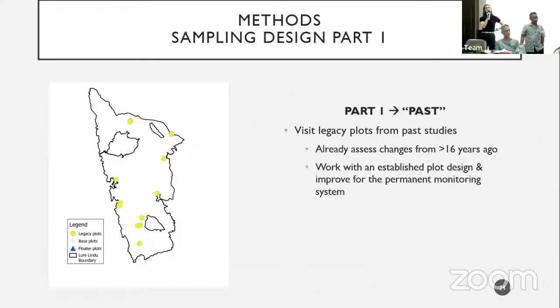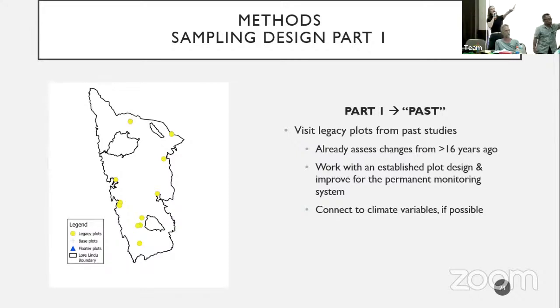All right, so here is sampling design part 1. So this is looking at the past. My idea is to integrate the past research that has been done. There's one particular study that I'll discuss in a little bit that I think is very promising. It's the study from the Storm project that had data from some years ago, and I think we really can get very interesting information from looking at these, what I call legacy plots.